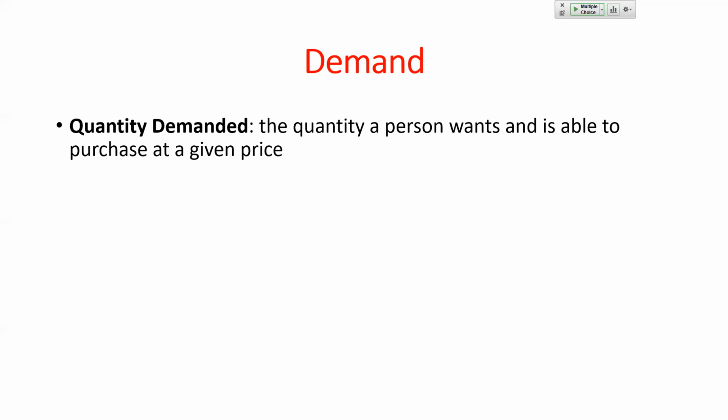If the price instead is $5 for a gallon of gas, well, maybe now the quantity demanded might fall to 15 gallons, right? At these higher prices, you're likely going to be able to buy less of that good, just given income constraints, right? I pull up to the gas station, if gas is $6 instead of $2 or $3 a gallon, I'm probably going to be able to buy less.